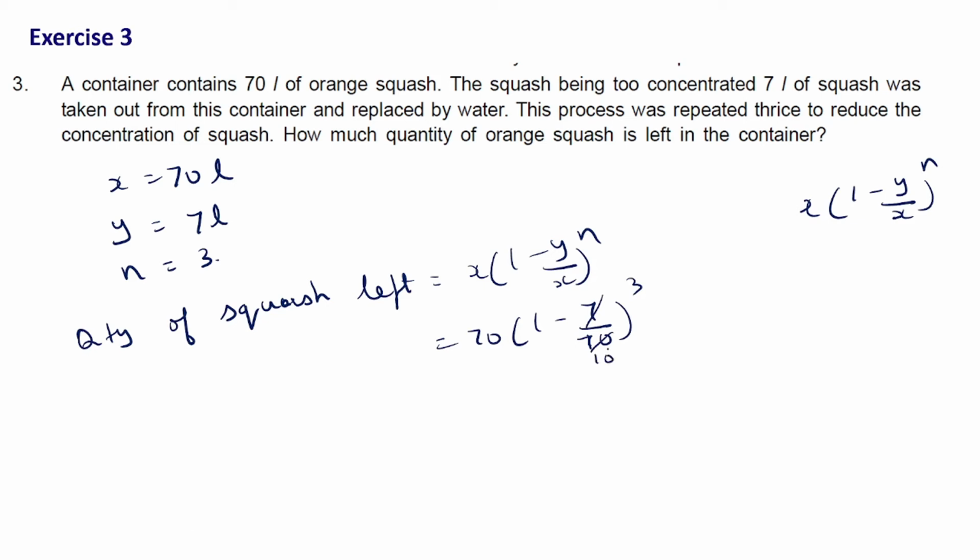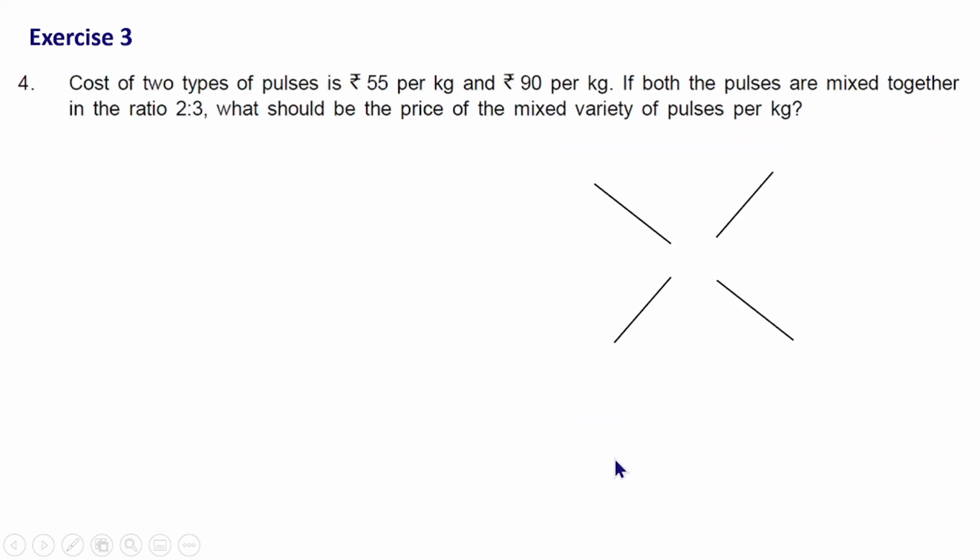So it is 1 minus 0.1. So it is 70 into 0.9 the whole cube, which is equal to 51.03 liters. So the quantity of orange squash left in the container is 51.03 liters.